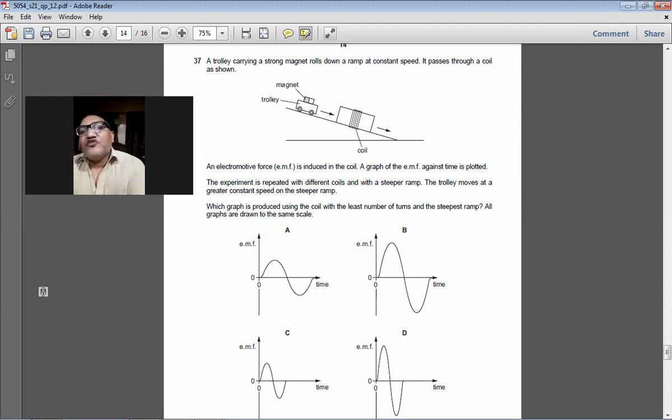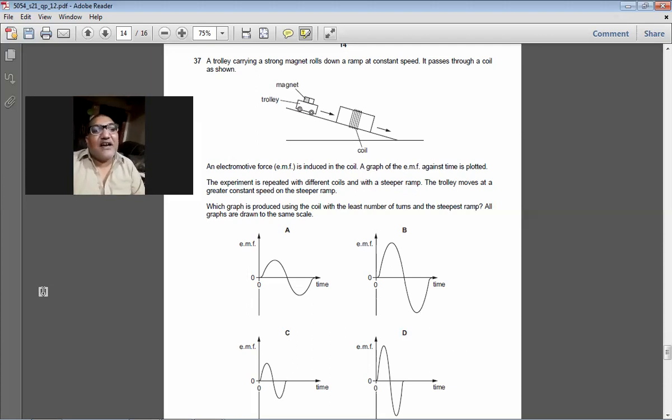Which graph is produced using the coil with the least number of turns and the steepest ramp? All graphs are drawn to the same scale. So you see, because we are going to use a coil which has the least number of turns, and the EMF induced depends upon the number of turns of the coil, if the number of turns on the coil is least, then the EMF or the amplitude of that wave should be the least.